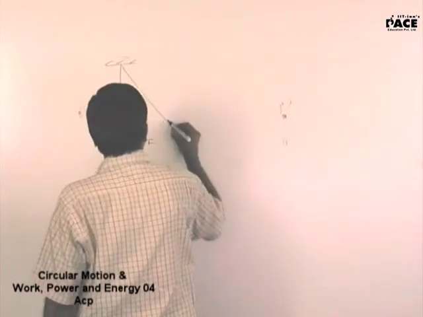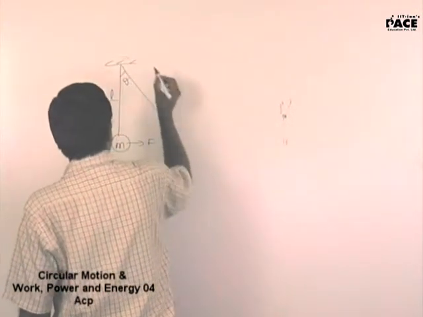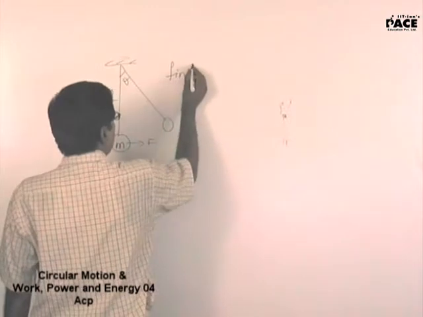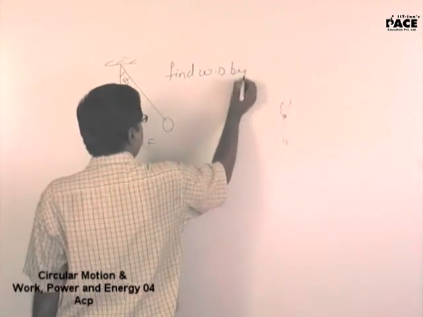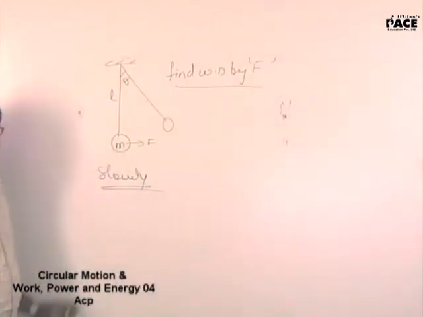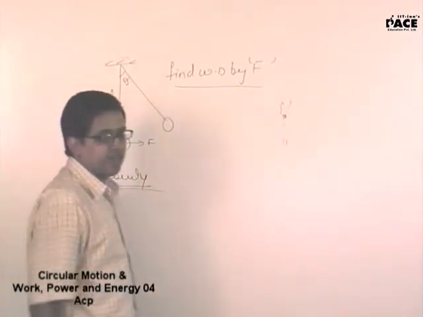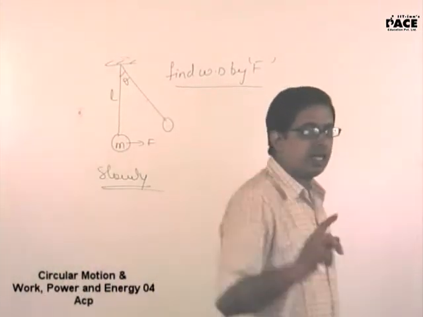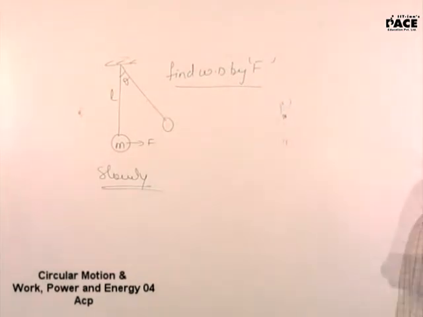When this comes to this particular angle of theta, find the work done by the external force F. This is being slowly pulled towards the right. Find the work done by the external force F when the string makes an angle of theta with the vertical.